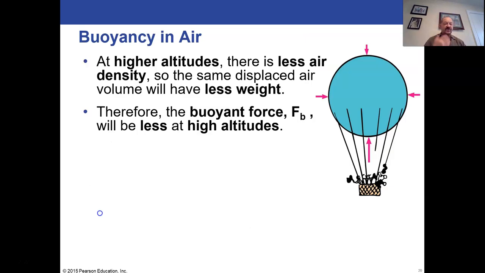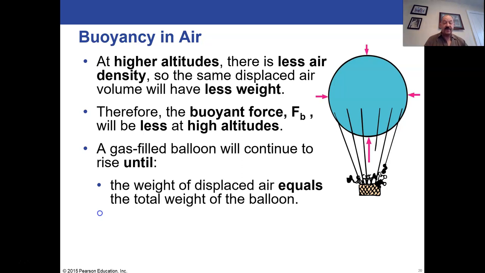So at higher altitudes, there's less air density. So the same size balloon will displace the same amount of volume of air, but it'll be less weight of air. And remember, buoyant force is how much weight of air is being displaced. So it's going to be less at high altitudes. So a gas-filled balloon will keep rising until the weight of the balloon balances the weight of its displaced air.